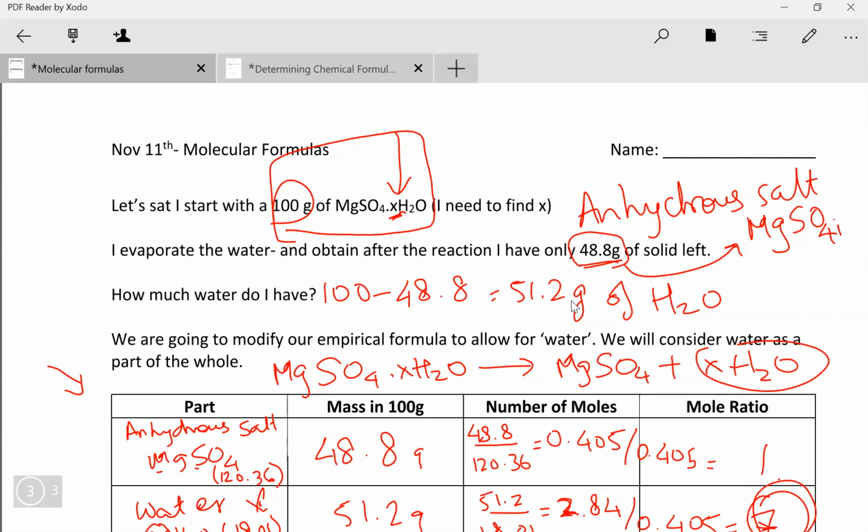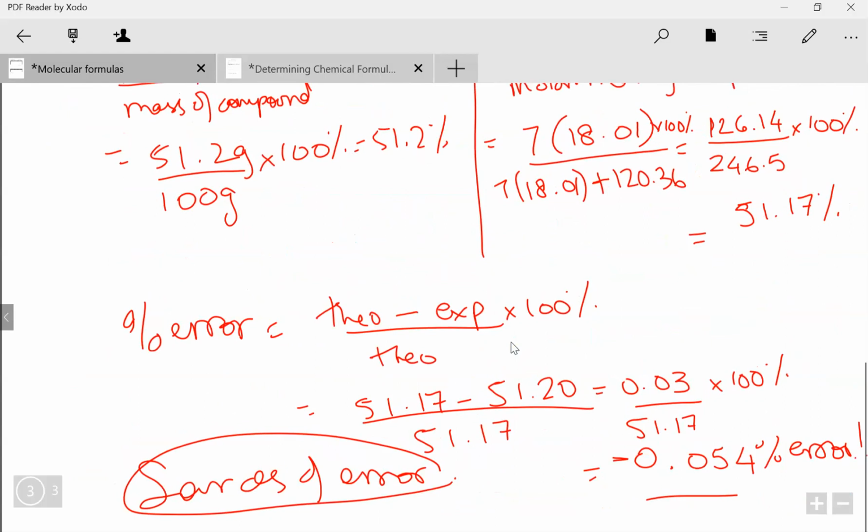There could also be other compounds formed when you heat up the magnesium sulfate. Some of the magnesium sulfate might break down, and there are a lot of sources of error that can happen in a lab, so I will let you think about some others for our formal lab report. All right, I will see you in class.